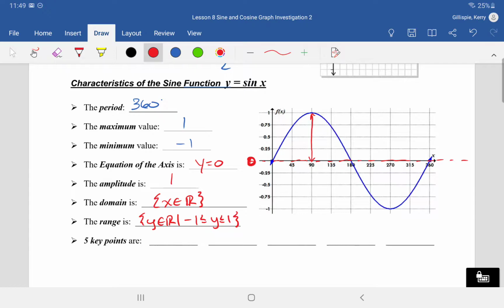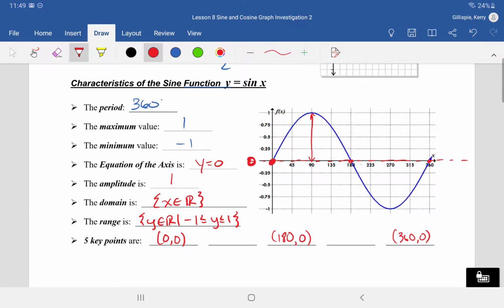And then the 5 key points that I talked about when I graphed it, we're going to list them here because we're going to need them a lot in the next few days. So the first key point of a sine function is 0, 0. We look at all the x-intercepts basically. So the next x-intercept is 180, 0. And the last x-intercept is 360, 0.